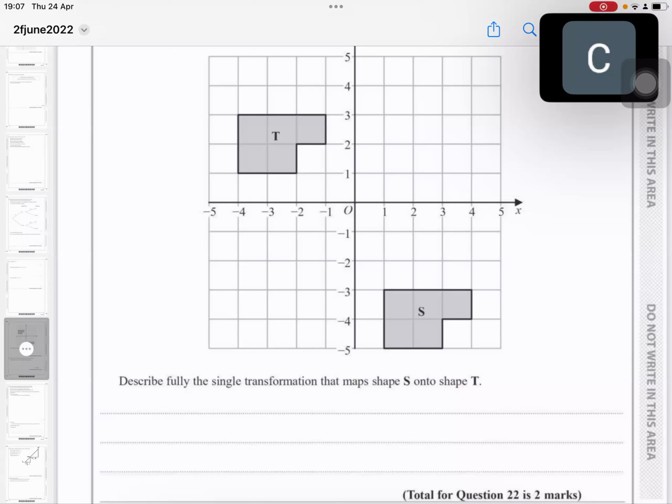So I'm just looking at it. S and T actually look similar, right? It's just where their location is kind of different. So let me see.